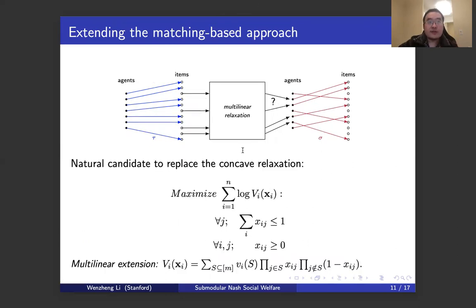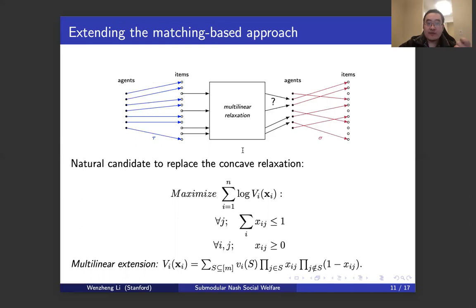Okay, for the first issue, we will use a relaxation called the multilinear extension. Let me define it first. For any submodular function v and a fractional assignment x, we define the multilinear extension to be the expected value of v on a random set S, such that S includes element j independently with probability x_ij.